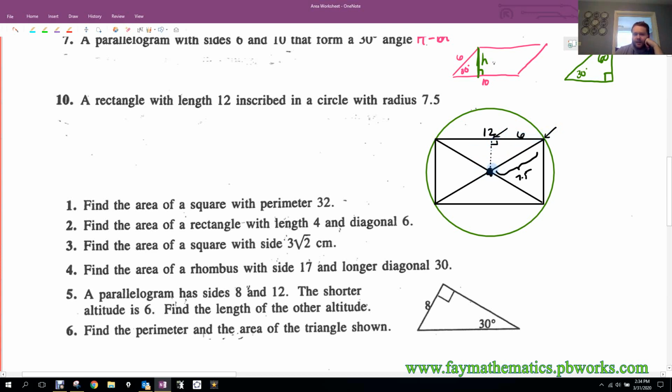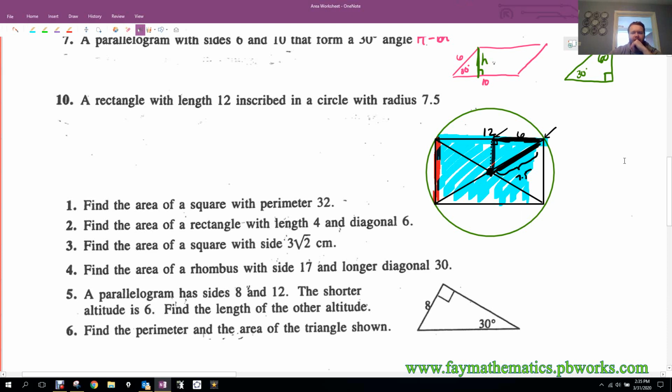Remember, that's a point from the vertex of an isosceles triangle perpendicular to the base, splits the base in half. So it's a right triangle here. You know that the hypotenuse is 7.5. You know this here is 6. That should allow you to find that distance. And then think about what you can do with that distance to find that distance. And once you have that longer red distance, you have that 12, and figure out what you do with those two then to find the area of the rectangle.